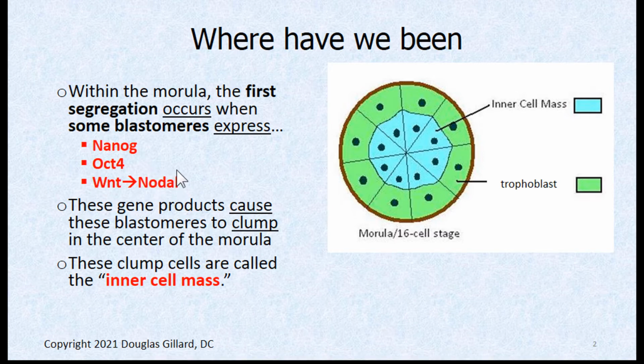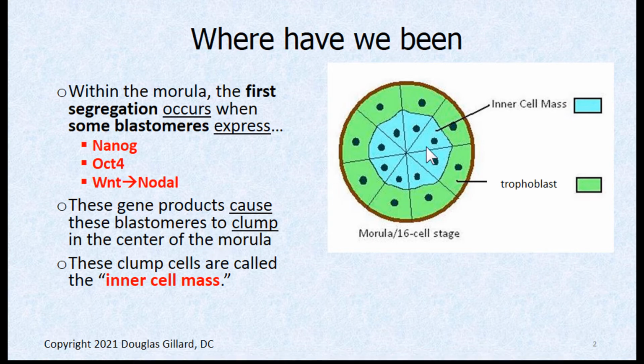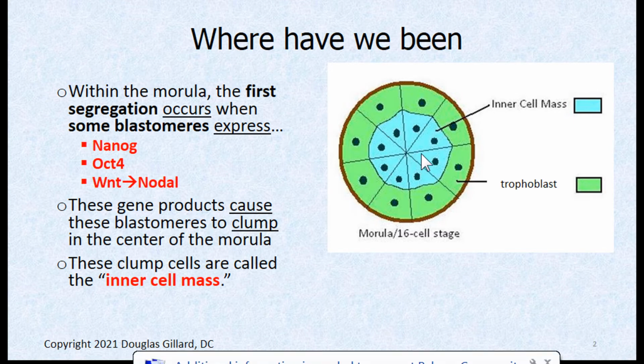We'll talk about this nodal gene over and over again. And with all 4 of these on, the cells that express them clump into the center of our morula and form the inner cell mass, and we said that is us, the inner cell mass.